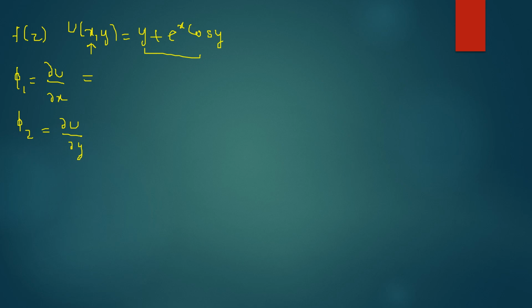If you partially differentiate with respect to x, what will you get? e raised to power x cos y, because y is constant, so its derivative is 0 when differentiating with respect to x. Differentiation of e raised to power x is e raised to power x, and cos y remains as it is. Now for y, the differentiation of y is 1.